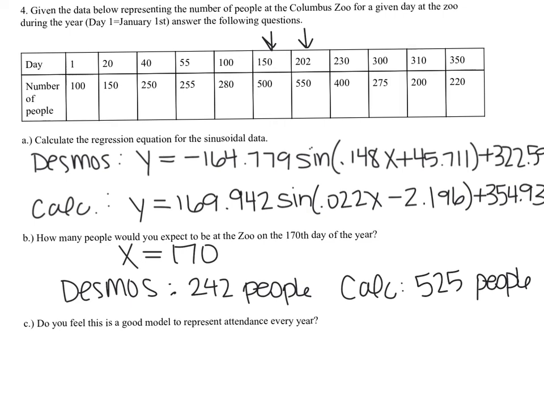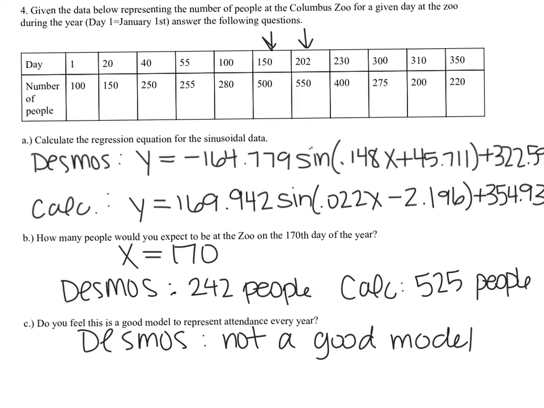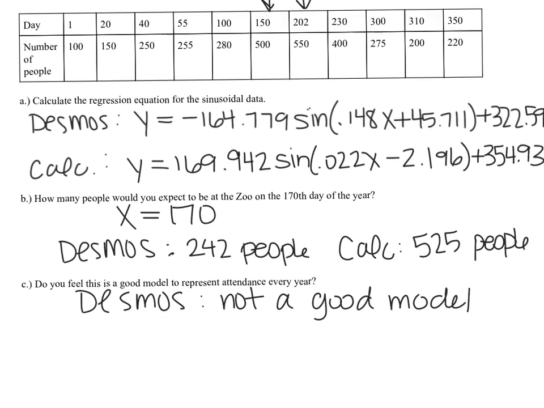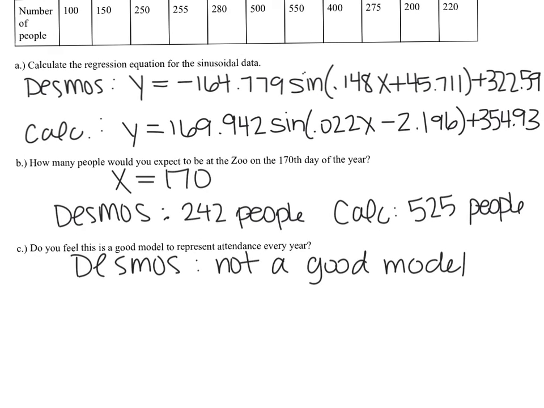So for the last one, do you feel this is a good model to represent the attendance every year? I would say for Desmos, it is not a good model. The equation we got from Desmos does not fit our data very well. And if you have Desmos pulled up to see this, you can see that our sine graph doesn't really go through a lot of our data points.